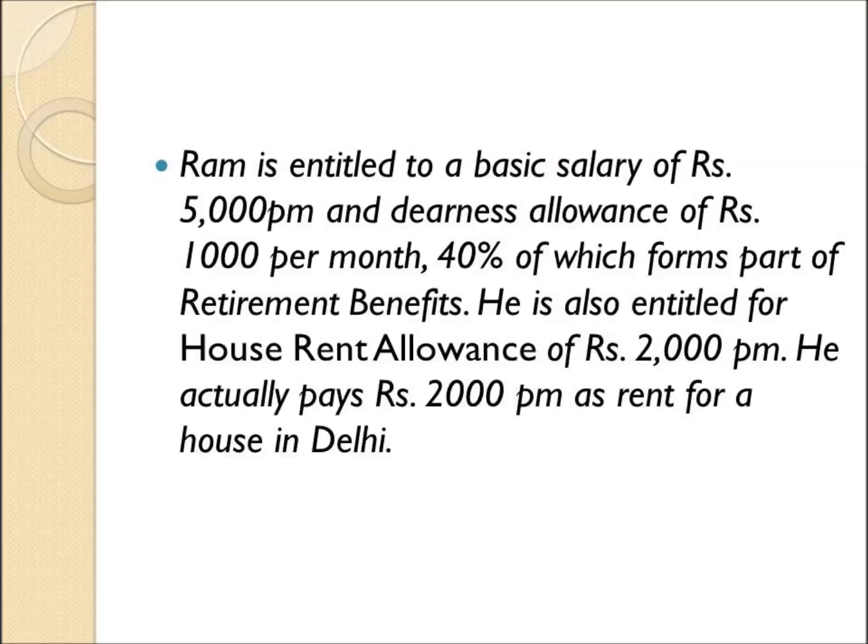HRA given by the employer is 2,000 per month and rent paid for a house in Delhi is rupees 2,000. So based on these figures, let us calculate the HRA exemption for Ram and the taxable HRA.